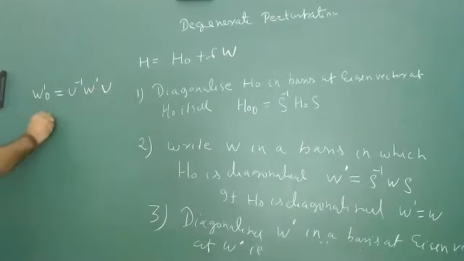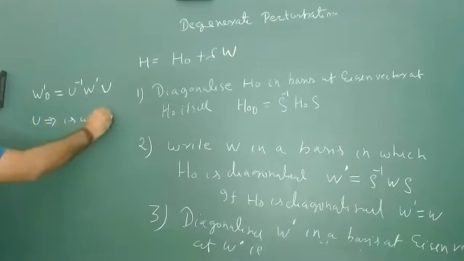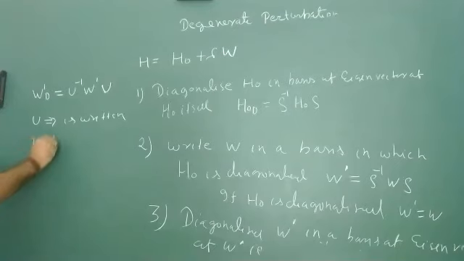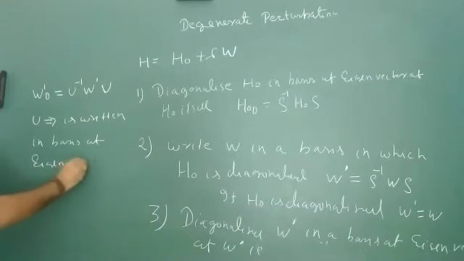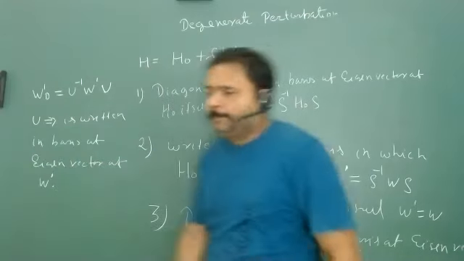U is written in a basis of eigenvectors of W dash. So what you have done? You have diagonalized each and everything.